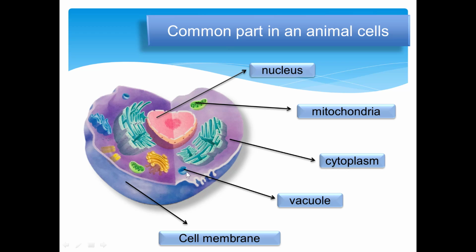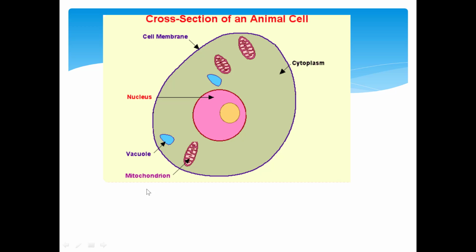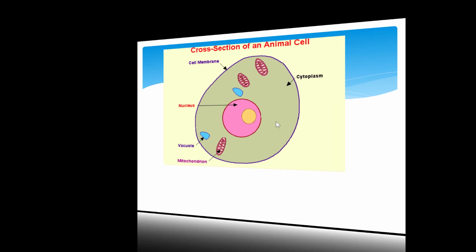The small one is the vacuole, and the jelly-like substance here, this purple one, is the cytoplasm, and this cover is the cell membrane. By the way, you can draw this picture in your notebook.